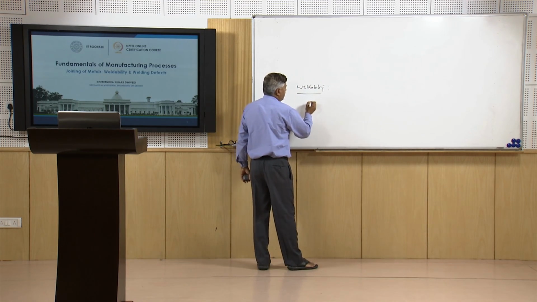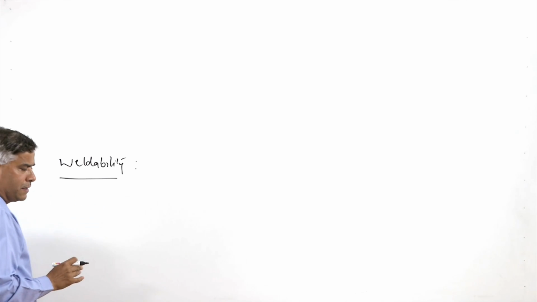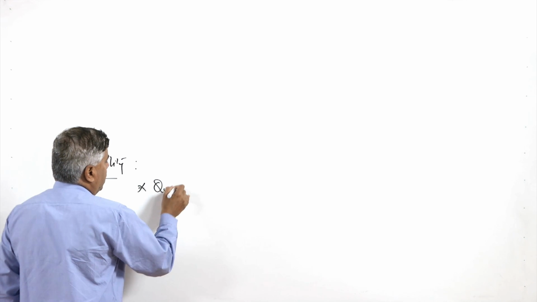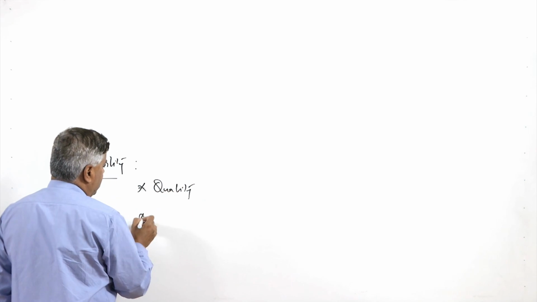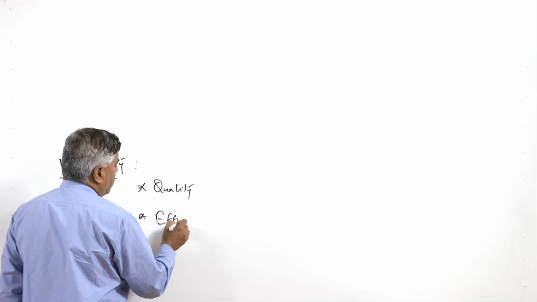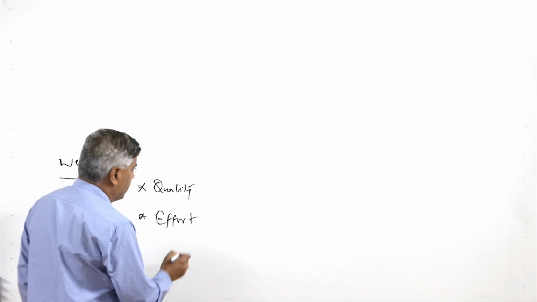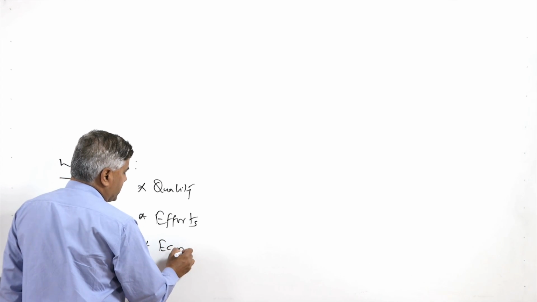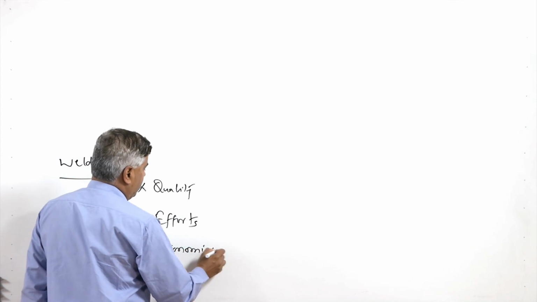So, first of all, if you have to measure the weldability or ease of welding, basically we try to see the quality of the weld. Then, for producing the quality weld, how much effort is to be made, and then ultimately it is the economics or the cost of the welding.